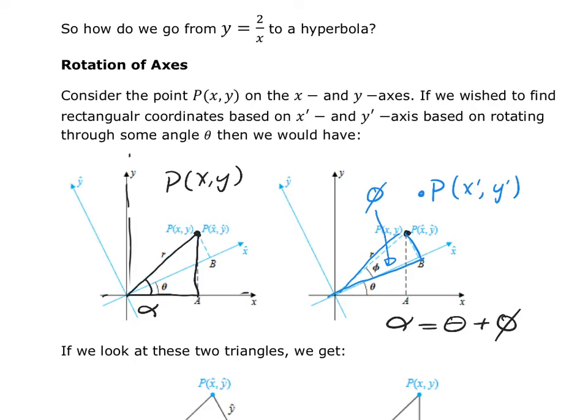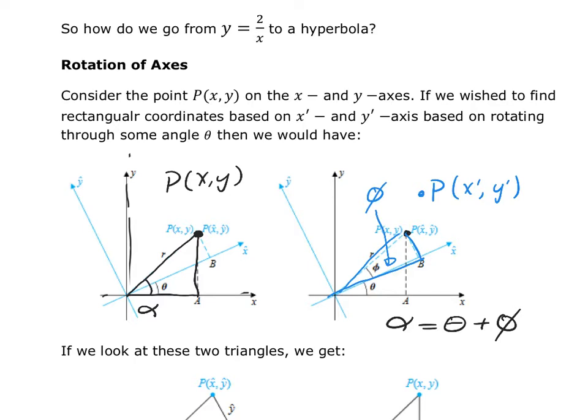Yes? So theta is the old angle, phi is the new one, and alpha is what comes together? So the question was about the angles. If I have the original angle in terms of where my point is right here, the angle that is formed between the x-axis on my original graph and the point, that radius going to it, is alpha.